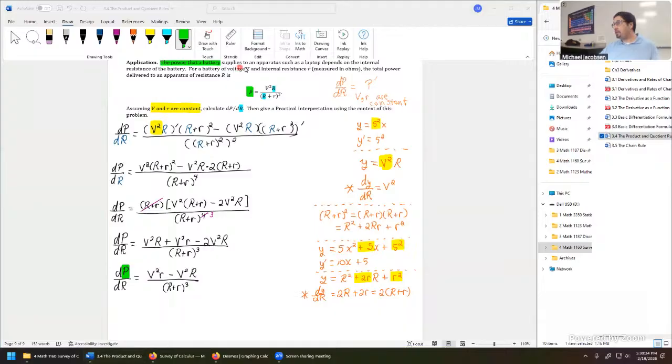So the power the battery supplies to an apparatus, such as a laptop, depends on the internal resistance of the battery. For a battery of voltage V and internal resistance lowercase r, the total power delivered to an apparatus of resistance R, so your laptop itself has resistance R, not the battery, is this. So that's the power.